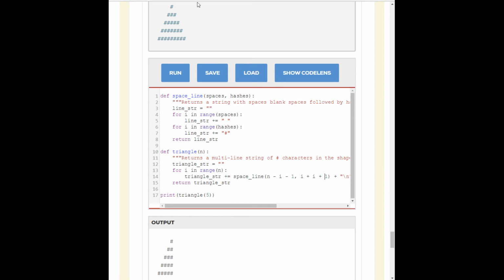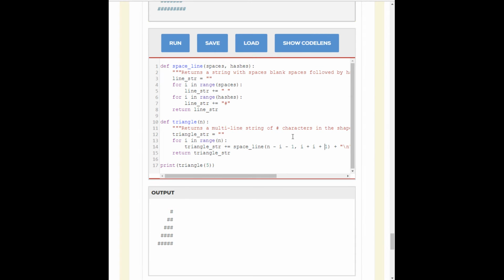It's going to go through each time and get us our right number of spaces, which is n minus i minus 1, because we want it to give us n total characters minus i for the current level we're on, minus 1 to get rid of our initial hashtag.